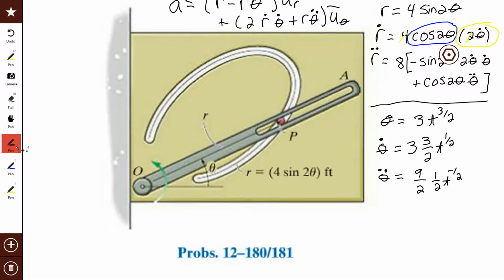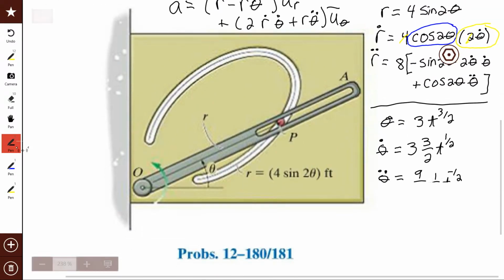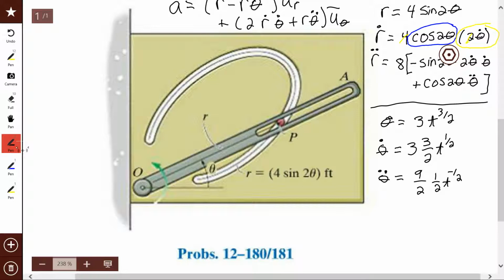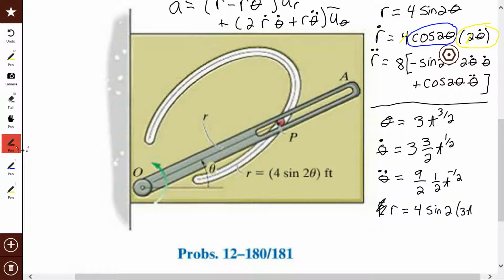And now I'm just going to plug in values like I had before. R is the same thing as it was before, so now R, but I don't need a bar over that. R is equal to 4 times the sine of 2 theta, 3t to the 3/2. Now be careful because this angle here is in radians.